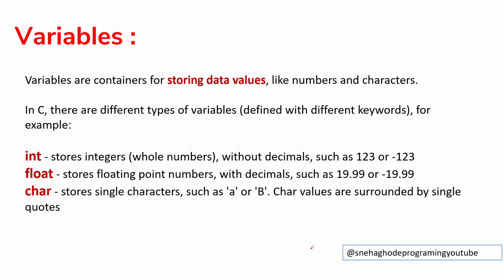Variables. Okay, so this is a very interesting thing. First of all, we are going to take an example of a mobile phone. You have a mobile phone, right? And you save the numbers of your relatives and friends in that particular mobile phone.